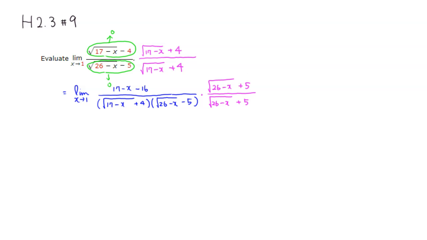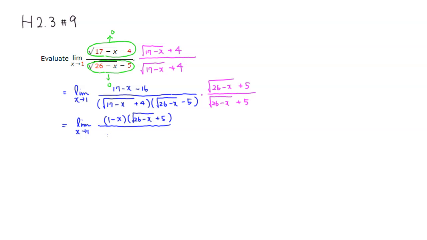Then if you simplify that, you get the limit as x approaches 1. On top, 17 minus 16 is 1, so you have 1 minus x as the quantity, and then we still have to multiply by square root of 26 minus x plus 5.